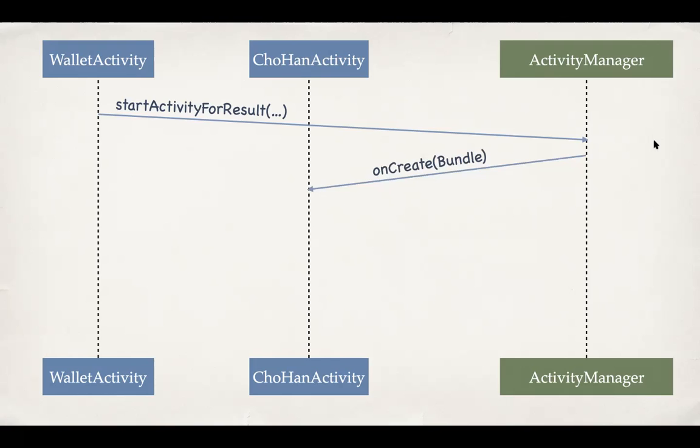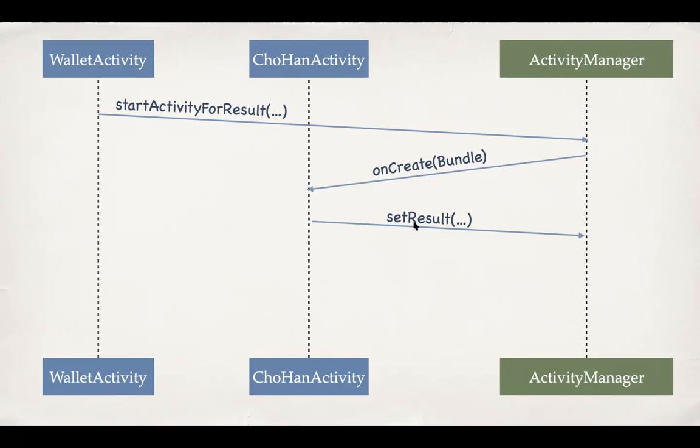bundle. Okay. There the user does whatever he or she wants, but when the user hits the return to wallet button, the set result is called. And again, one of its parameters is the intent. So that call goes again to the activity manager, and the activity manager figures out which activity to invoke now.